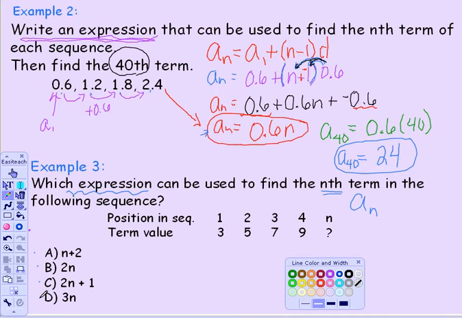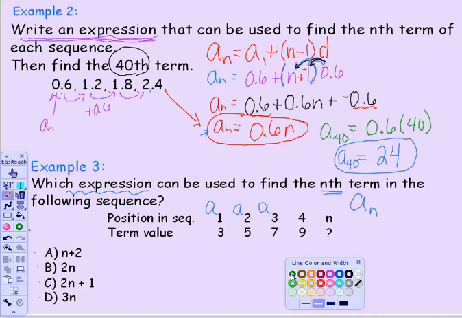The first number gives you the position in the sequence. So that means this is our a sub 1, a sub 2, a sub 3, and so on. The term values are down here, 3, 5, 7, 9, and then a question mark because we don't know what the nth term is. So we're going to use that equation from the top again, our general equation.